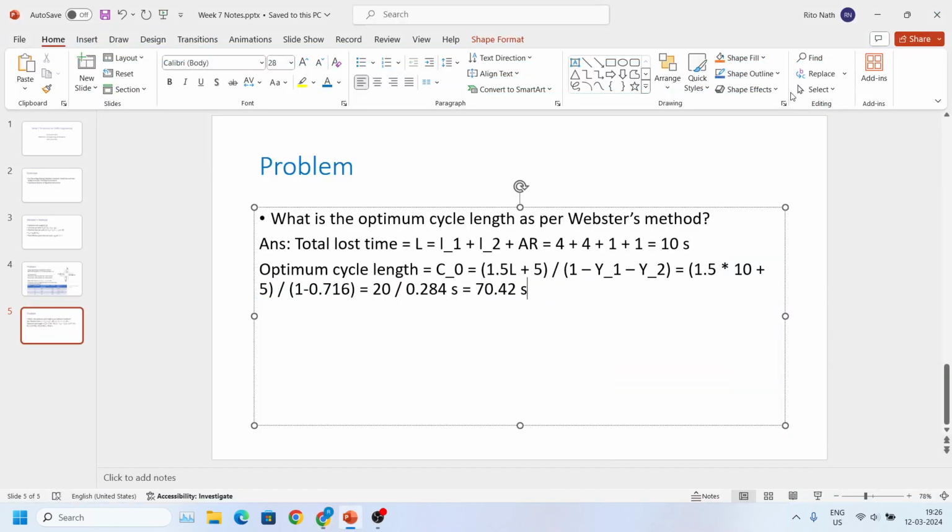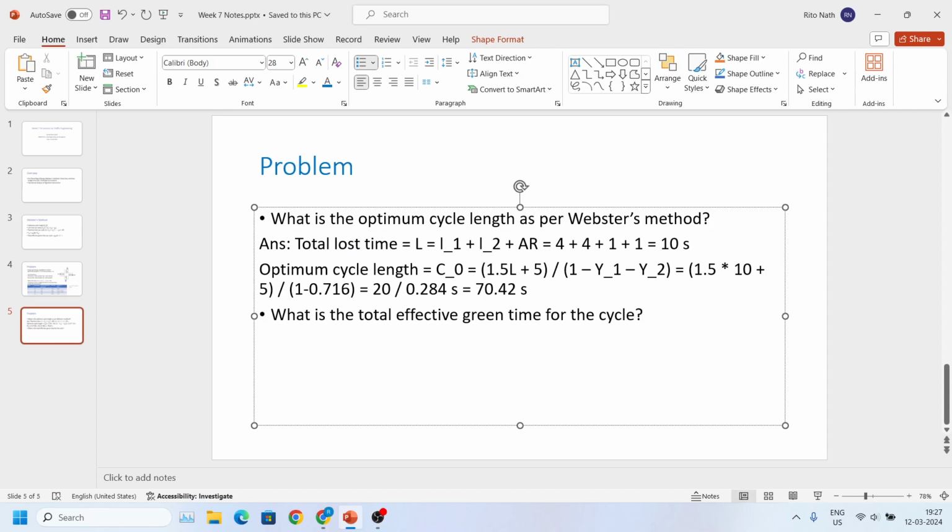Yes. So let's move on to the next problem. It's very simple, like the other related problems here. What is the total effective green time for the cycle?